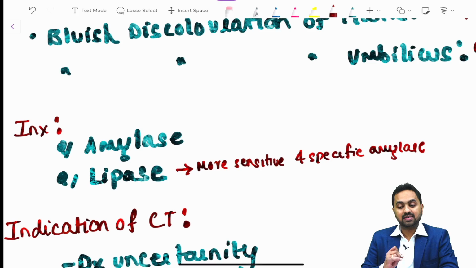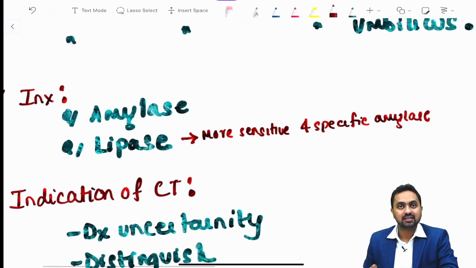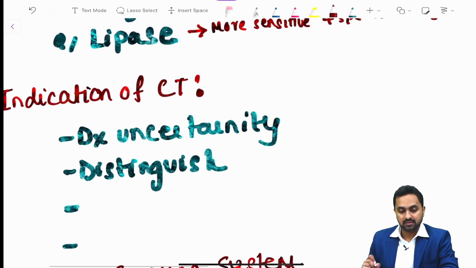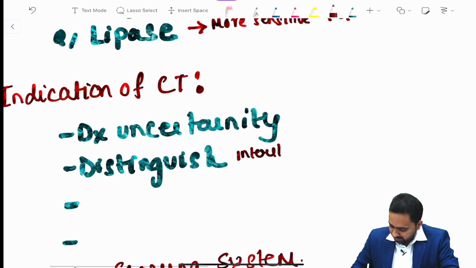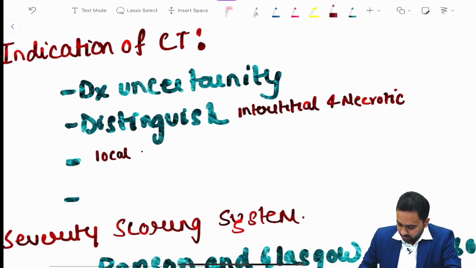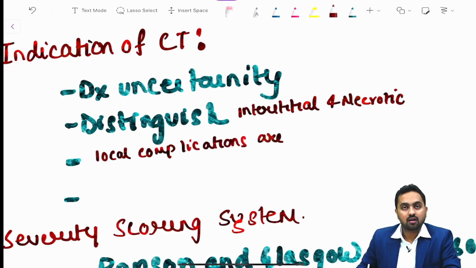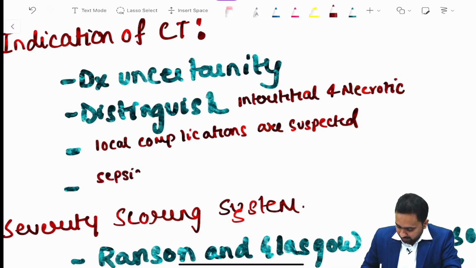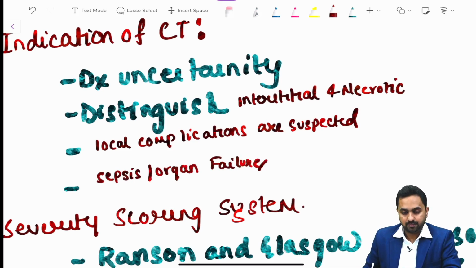Then what are the cases when you would want to do a CT scan in acute pancreatitis, right. So, when the diagnosis is uncertain, to distinguish the interstitial and the necrotic form, when local complications are suspected, and you would also do a CT scan when the patient presents with sepsis or organ failure, right.